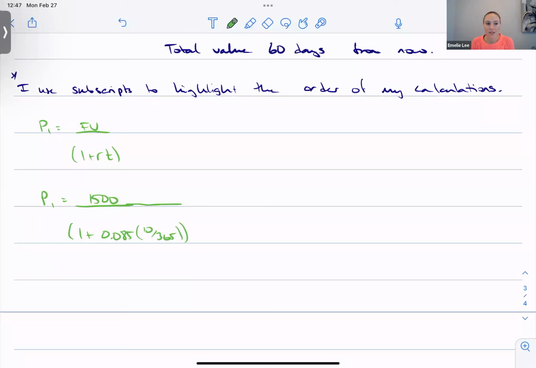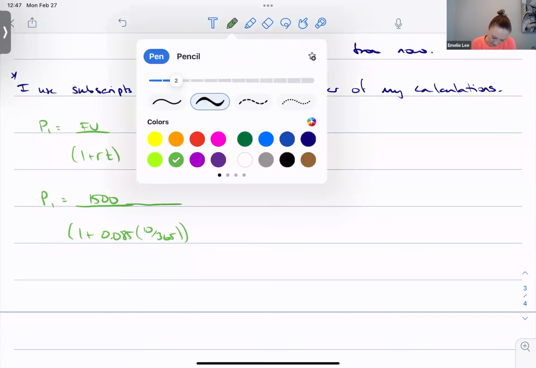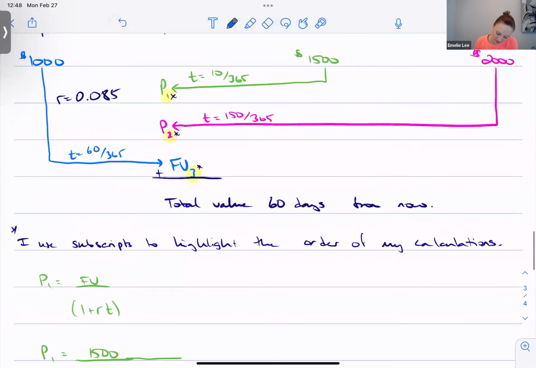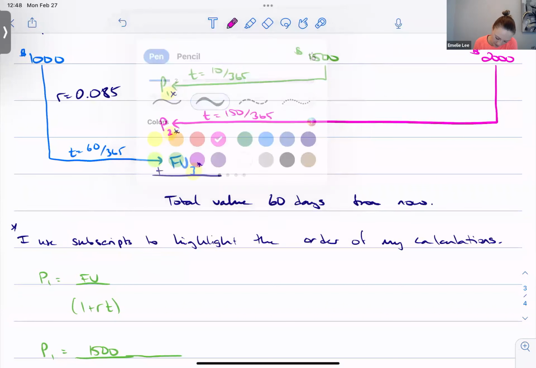I'm going to set up all these calculations and then do them in Desmos all in one go.